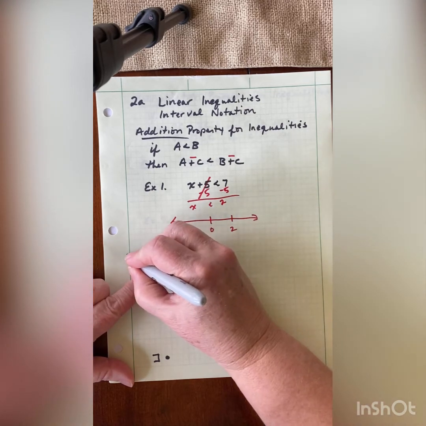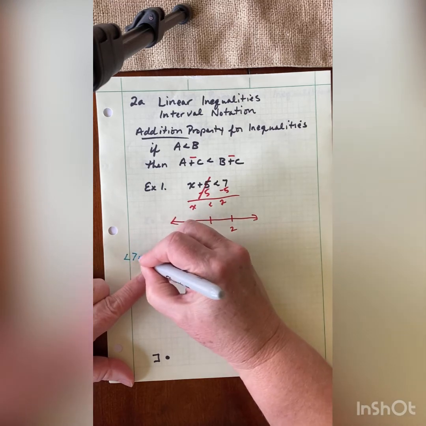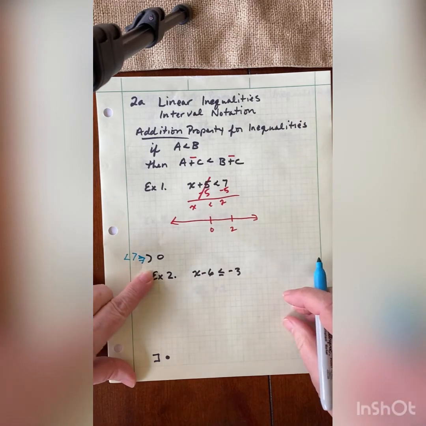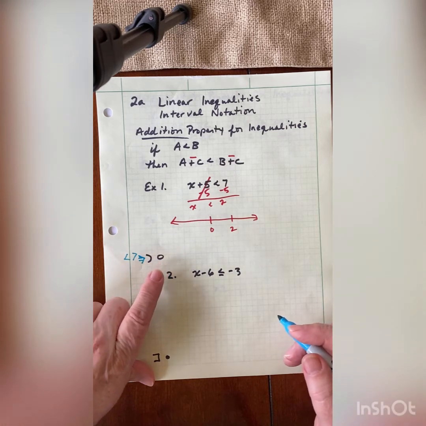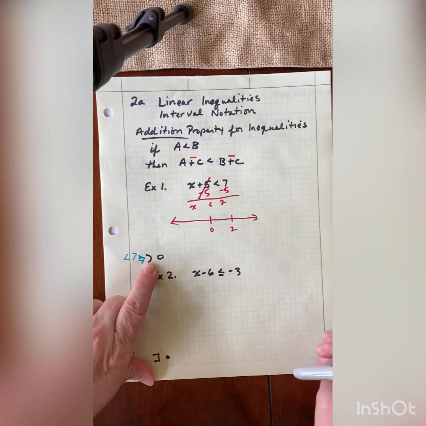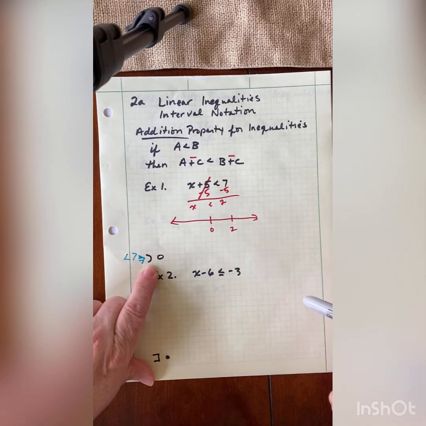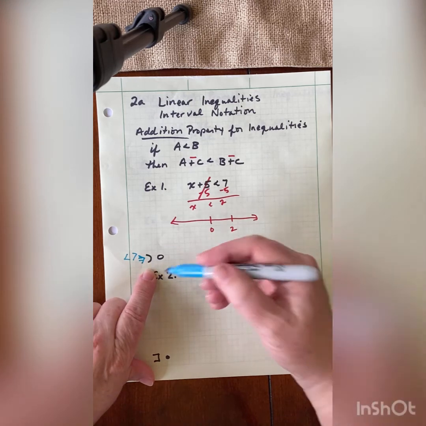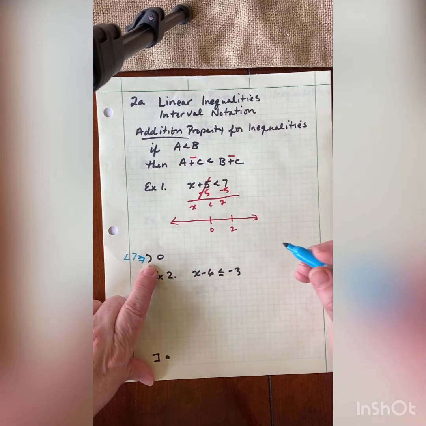So if you have a less than or a greater than, you want to use the open parentheses or an open dot. Because I know what is coming, I am going to use the parentheses. And this means that it gets real close to 2, but 2 isn't included in the solution set. Again, you use that when you have a less than or greater than.